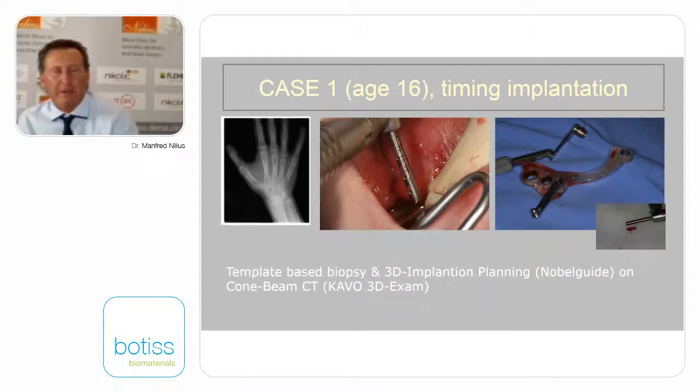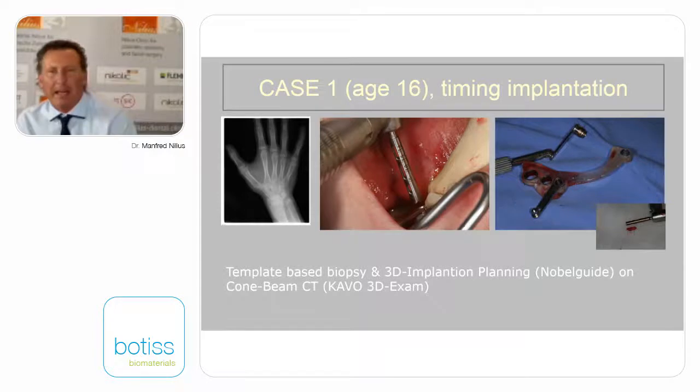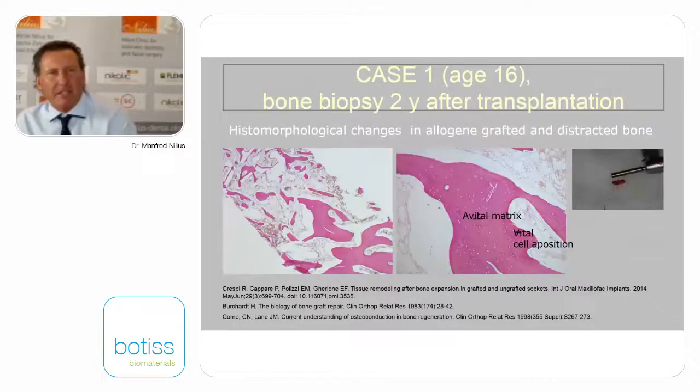Then we decided to make a biopsy of the remodeled bone and made some histomorphological investigation. We found that there is still, after 2 years, an adult matrix of the allogeneic bone, and we have a vital cell apposition from the patient.